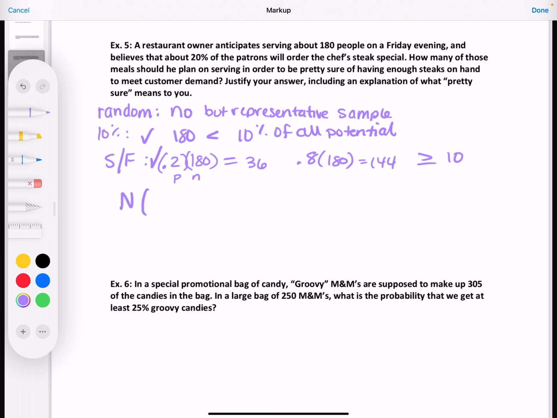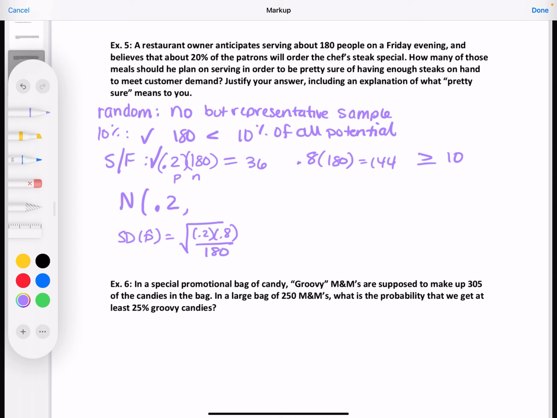Okay, so we know the mean is 0.2. I don't yet know the standard deviation. So how do I find that? You have to do the square root of success times failure over n. 0.2 times 0.8 over 180.